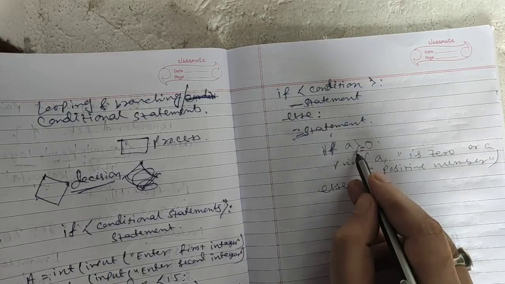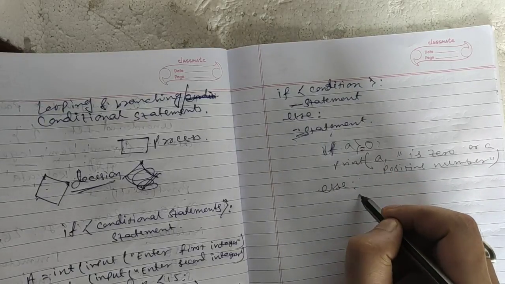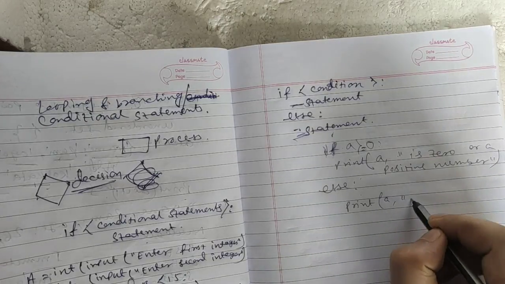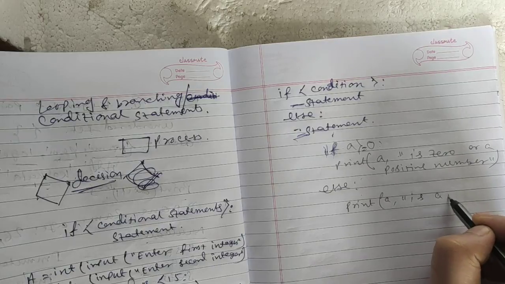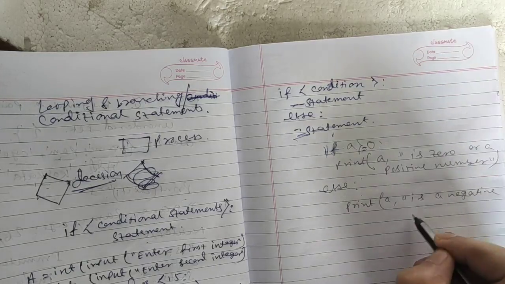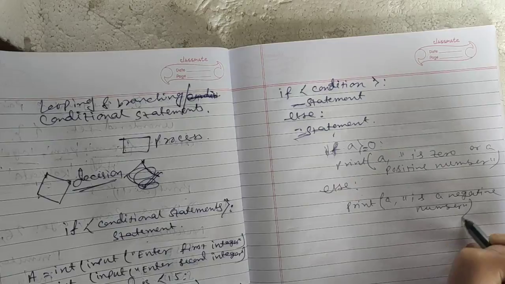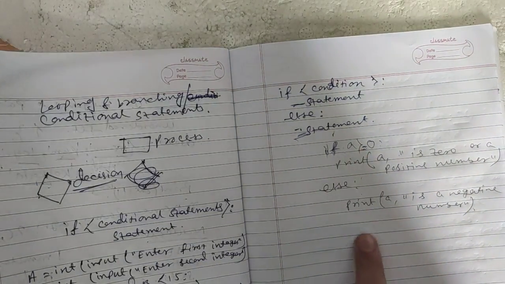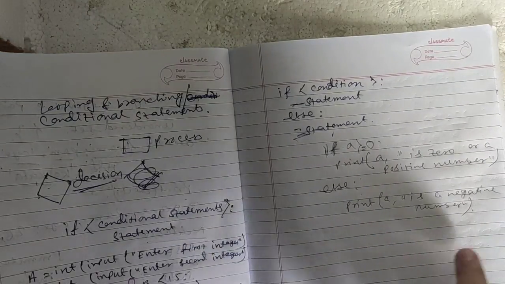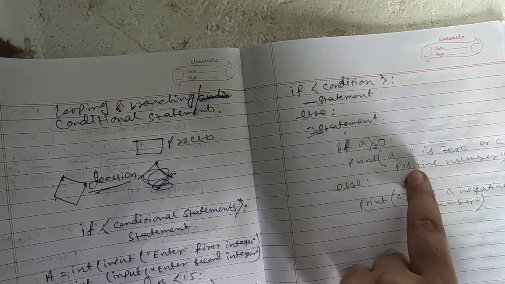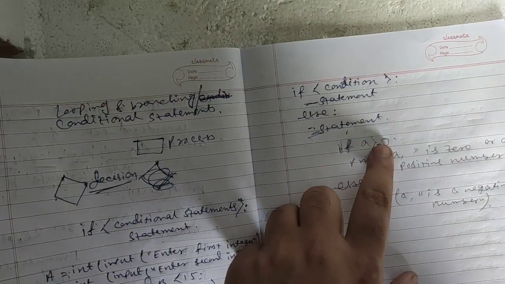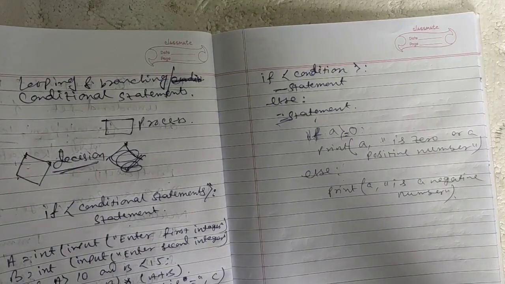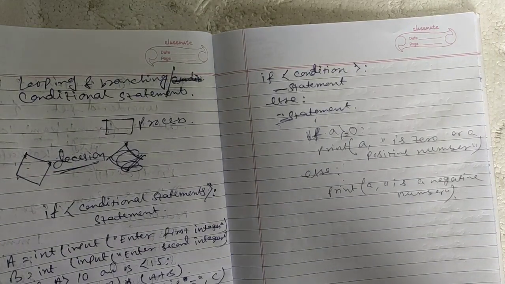Else, if this condition is not true, then it comes to the else part. Else print a is a negative number. If a is not greater than or equal to 0, then a must be a negative number. If a is 1 or 0, 2, 3, 4, 5, then a is 0 or a positive number. But if a is not equal to 0 or greater than 0, then it must be a negative number: minus 1, minus 2, minus 3, in this way. So this is the condition of if else.